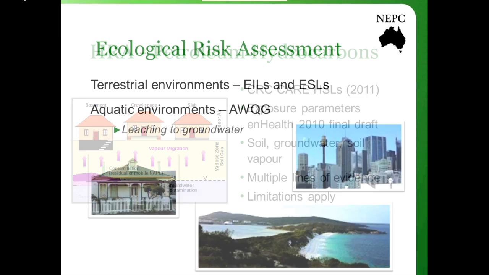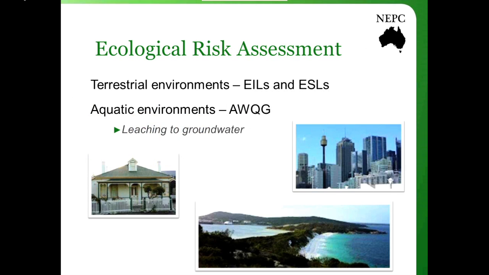assessment. From the ecological risk assessment side, we're considering both terrestrial environments and aquatic environments. For the terrestrial, that's where the new methodology comes in, and the EILs in the NEPM, and also ESLs for petroleum hydrocarbons. As far as consideration of aquatic environments go, we have the existing ANZAC guidelines.